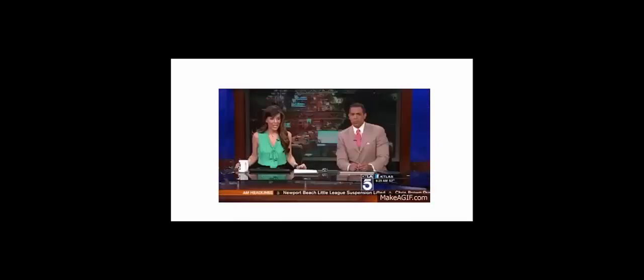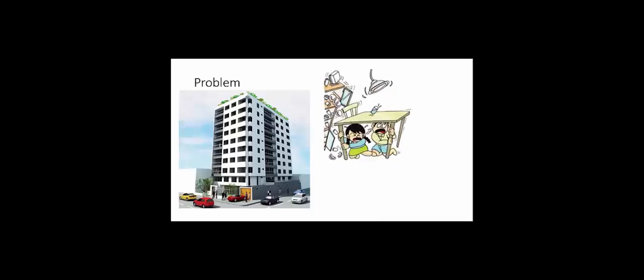As we can see in this GIF, the lady doesn't have any idea that an earthquake is happening, but the man already knows. Sometimes we don't know if an earthquake is happening or not. We are in our office or in our house chilling, and then an earthquake happens.